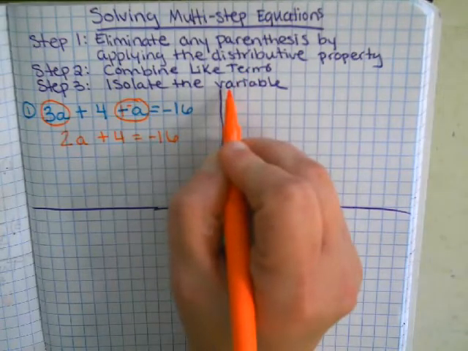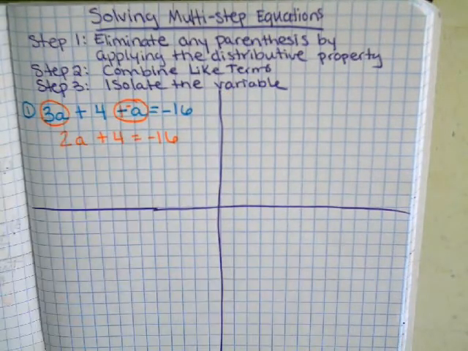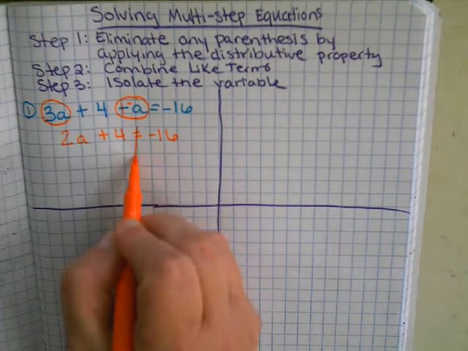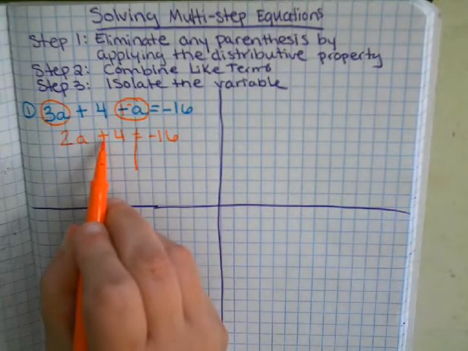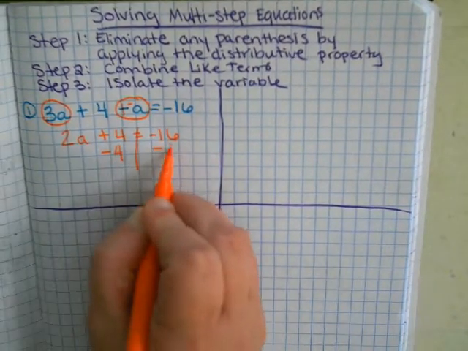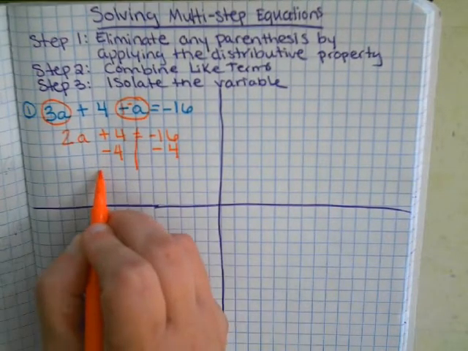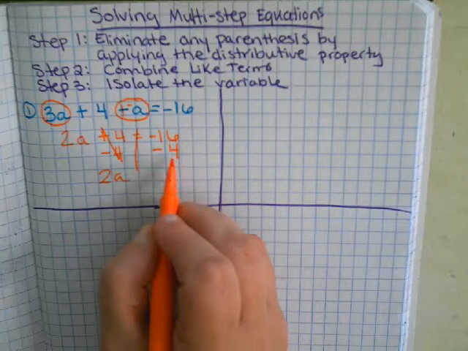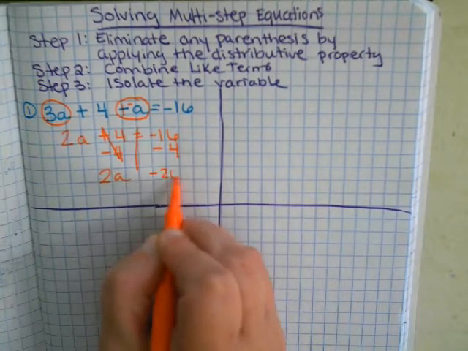I've got to solve my 2-step equation by isolating the variable. Draw my line. How do I get rid of a plus 4? Well, I've got to subtract 4 from both sides. So I have 2a left over here, and negative 16 and negative 4 is negative 20.